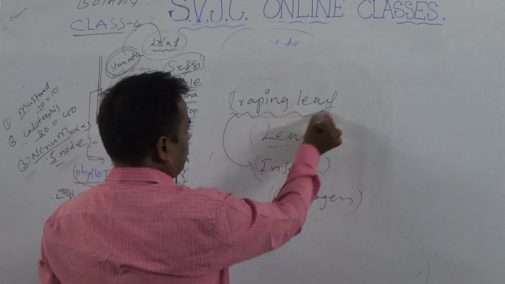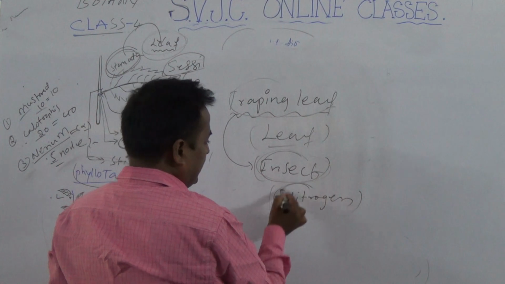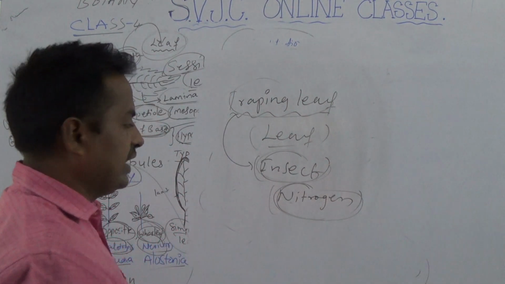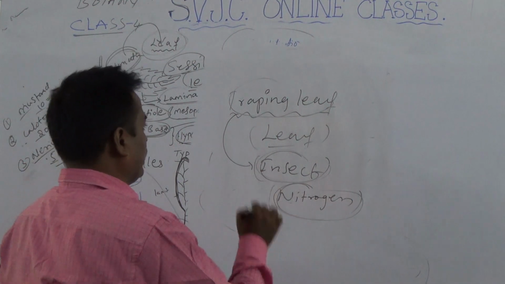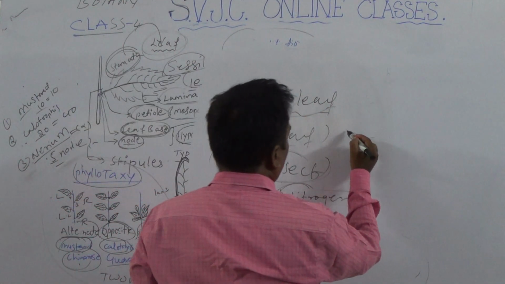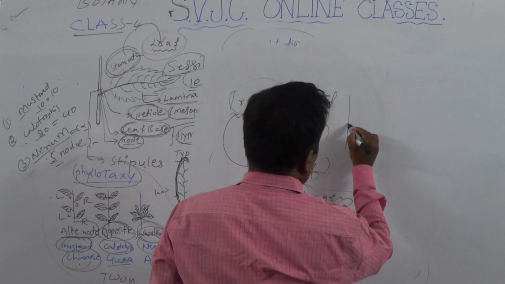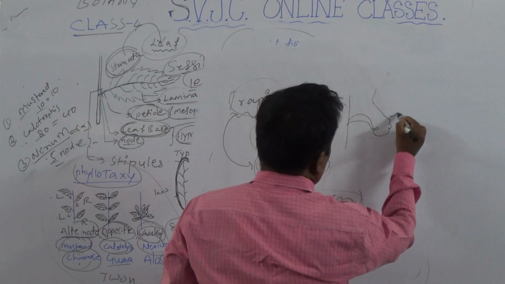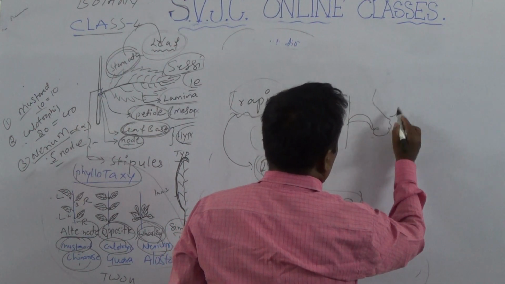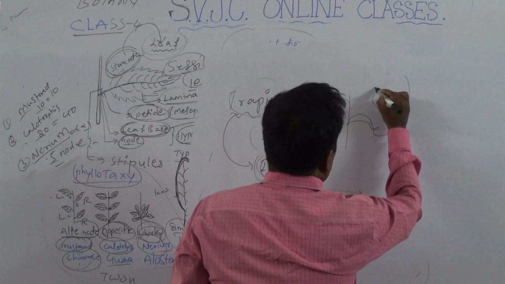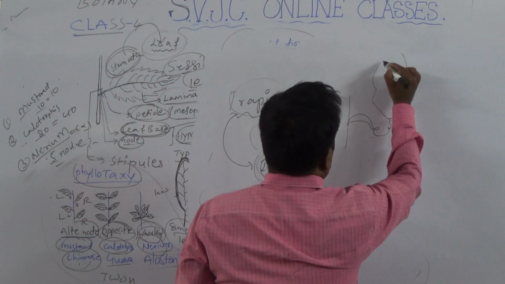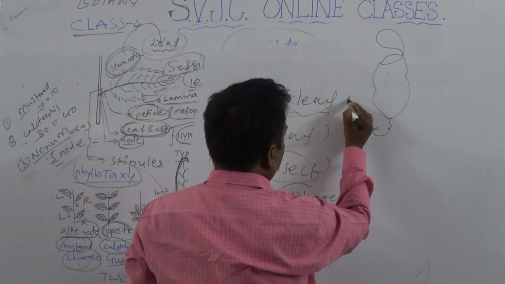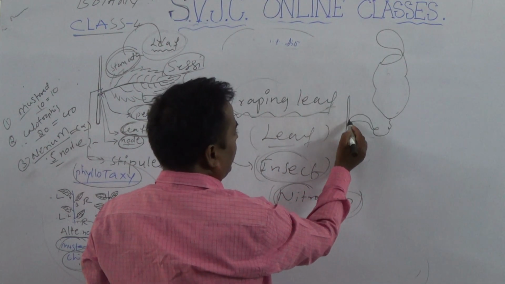Some leaves trap insects to get nitrogen, due to the lack of nitrogen in that habitat. So the leaf is modified into a pitcher-like structure to get nitrogen from insects.